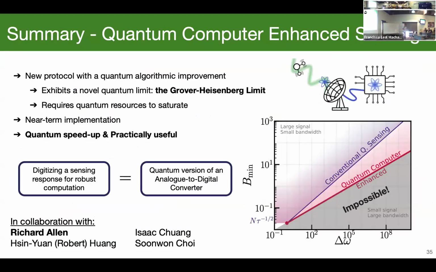But with that in mind, I want to conclude here. I told you about what's called a bin-finding protocol. I think quantum sensors coupled to quantum computers can reach a new kind of improvement in sensing. And I think this highlights that if you think of sensing more broadly, and not just in terms of parameter estimation, there are a lot of opportunities to cook up better and faster ways of using this resource for sensing.